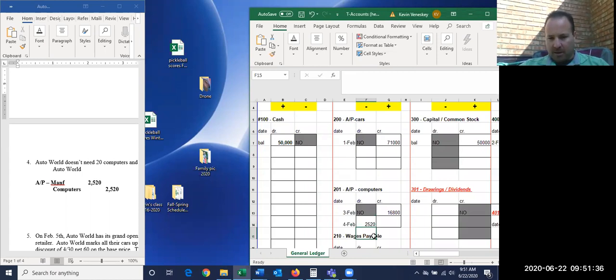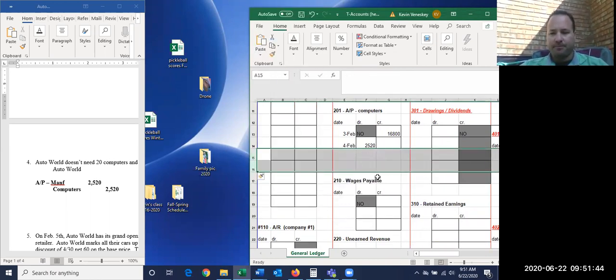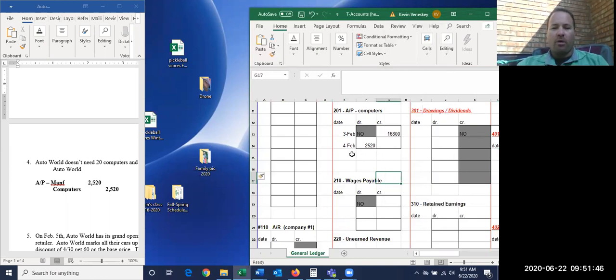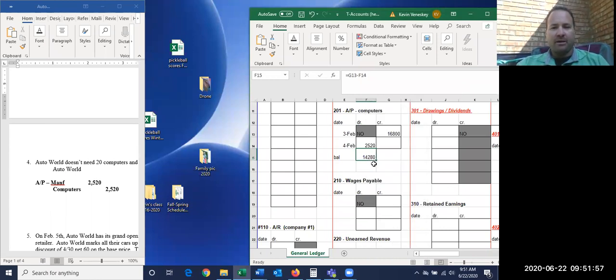Now I'm going to put in an extra line or two here so we could total this up. If I wanted to balance this out, I could see what I owe. I owe the 16.8 minus how much I returned. So my bill would be $14,280.